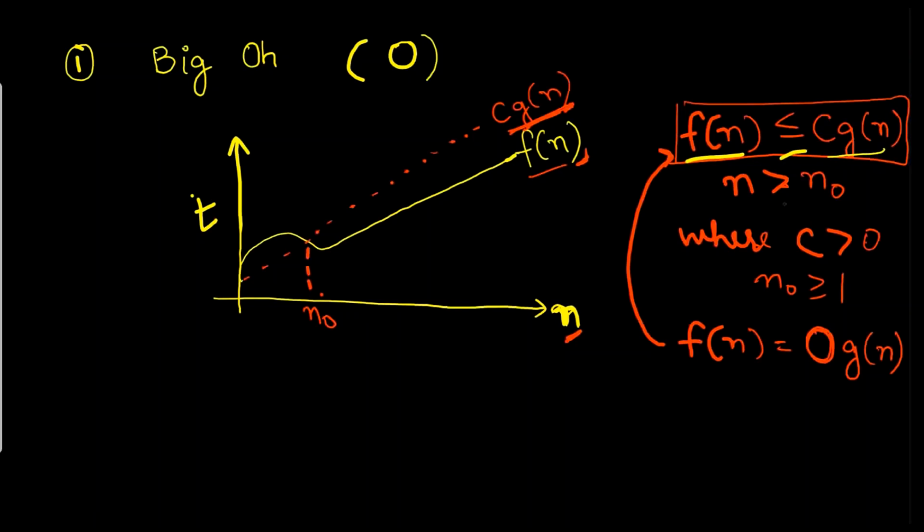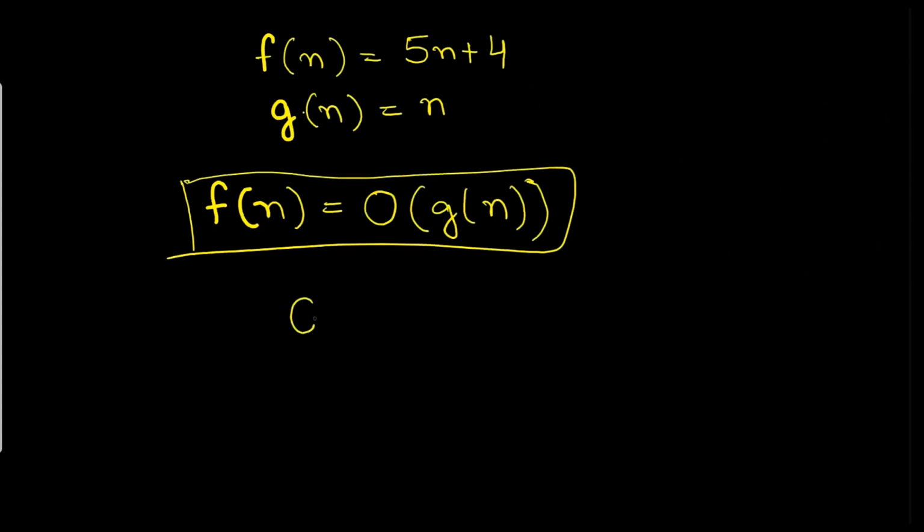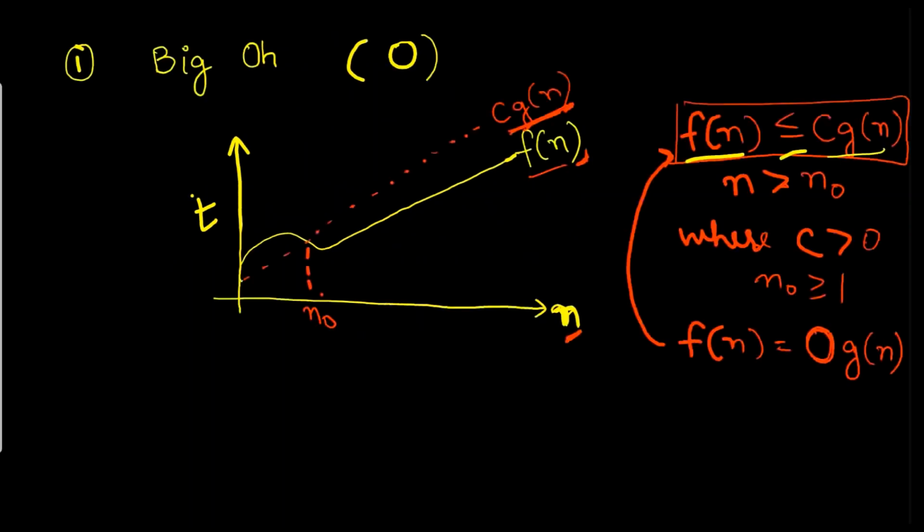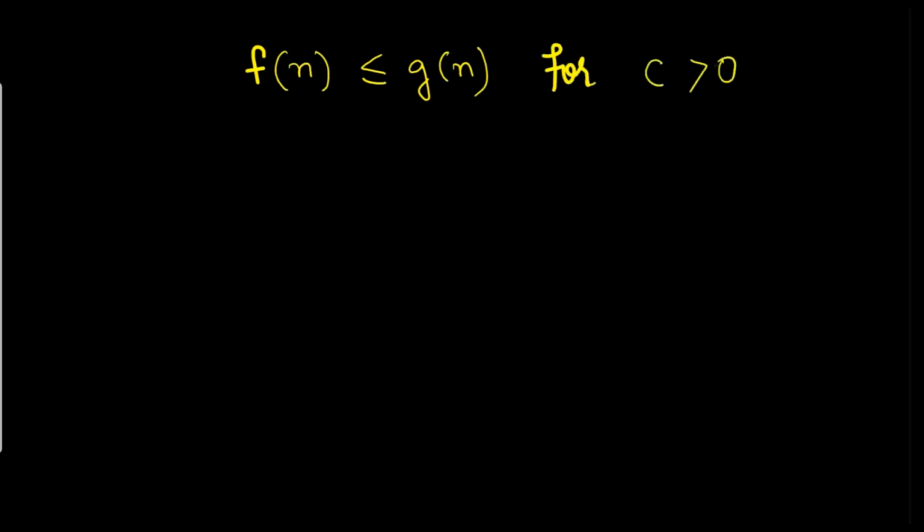So here I need to find c and n0 to prove this. So what I'll do, I'll write that f(n) should be less than or equal to c·g(n), so as to upper bound f(n), for c greater than 0 and n0 greater than or equal to 1.